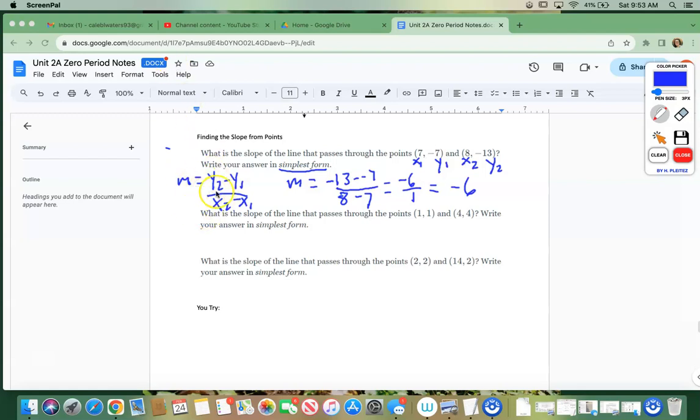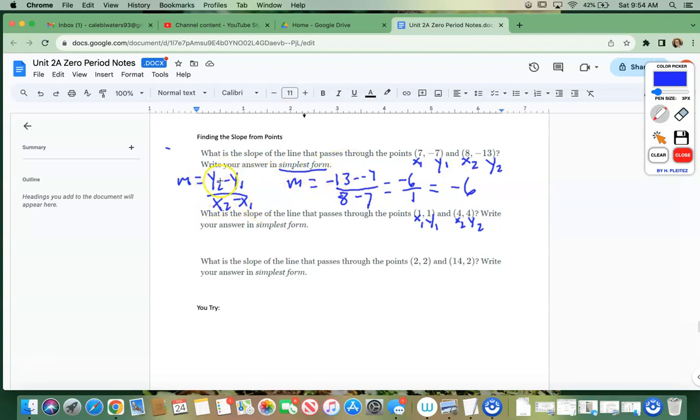So we were using this equation, m equals y2 minus y1 over x2 minus x1. They're giving us just 3 points. This is the first point they gave us, so let's label it x1, y1. This is the second one, so we're going to label it x2, y2. Let's follow the pattern and plug it into the formula.